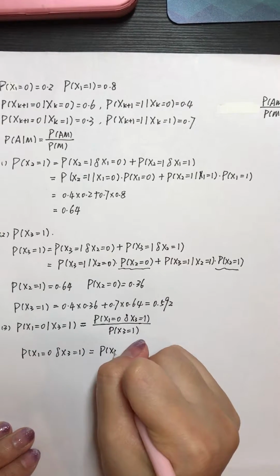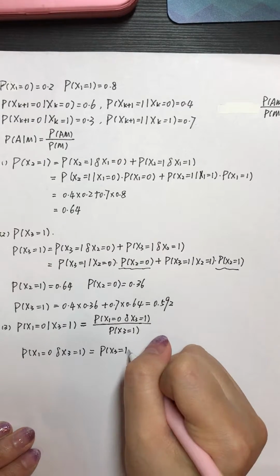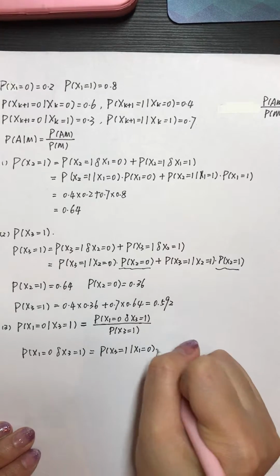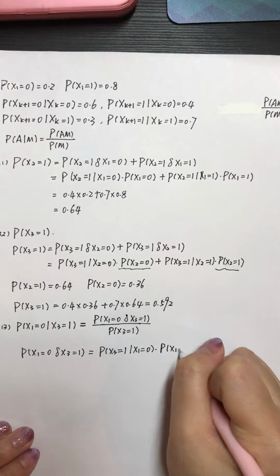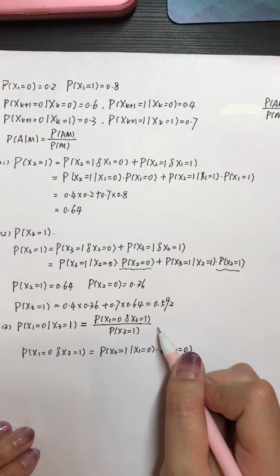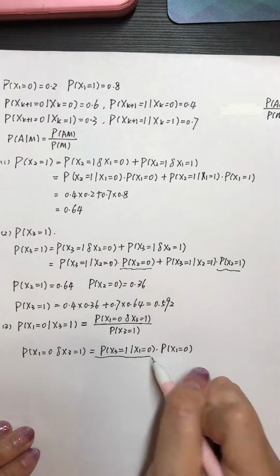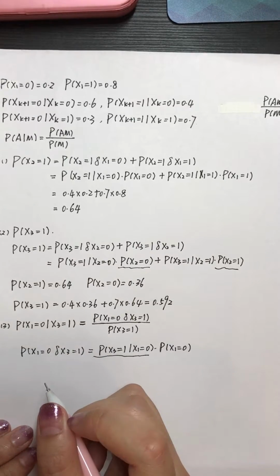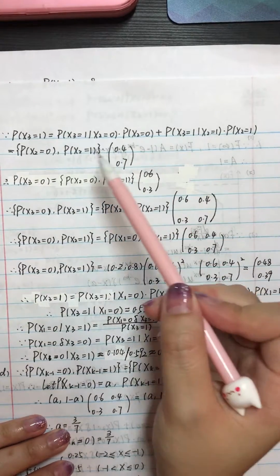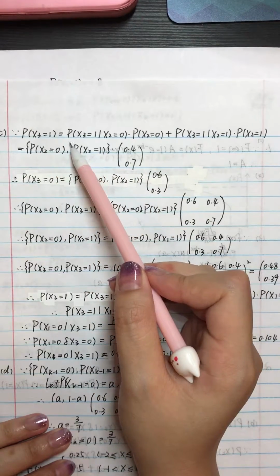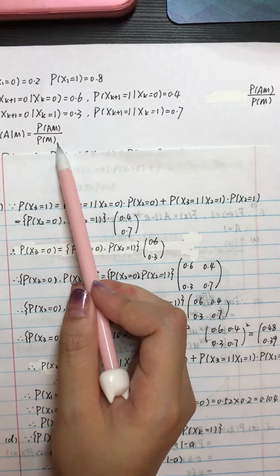The probability of x3 equals 1 given that x1 equals 0, multiplied by the probability that x1 equals 0. So our problem is converted into calculating the probability of this one, and we can get it from this formula.